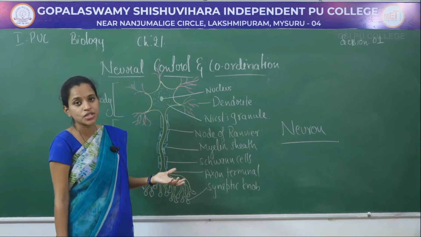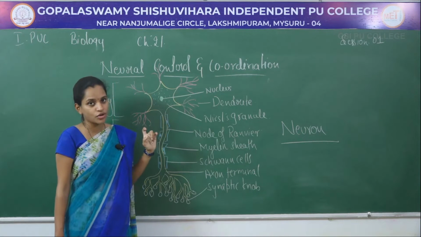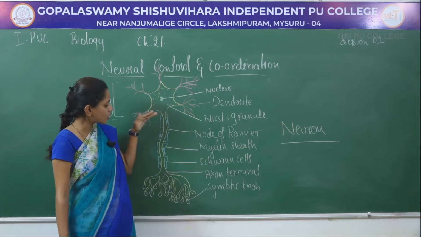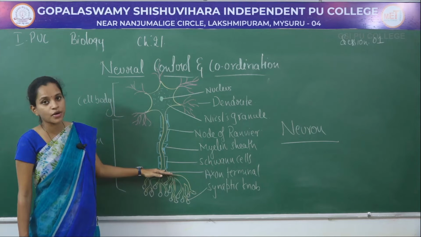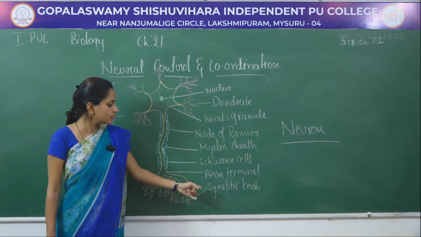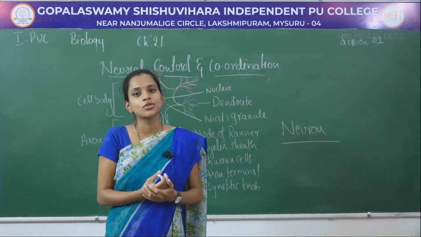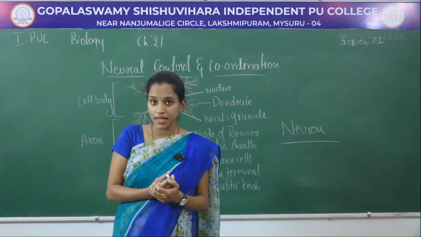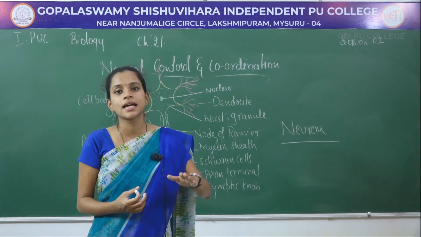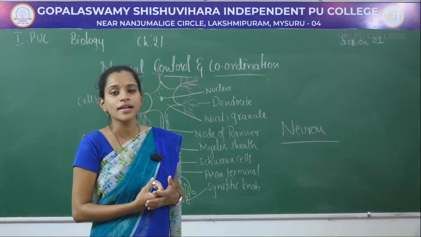Now the signals received from the dendrite, transferred into the cell body, the nucleus region and the Nissl's granules, are pushed into the axon region. From the axon they reach the end part of the axon called the axon terminal, which ends with the synaptic knob. From the synaptic knob, the signals will be in the form of chemicals. These chemical signals are transferred into the muscles or the neuron dendrites.